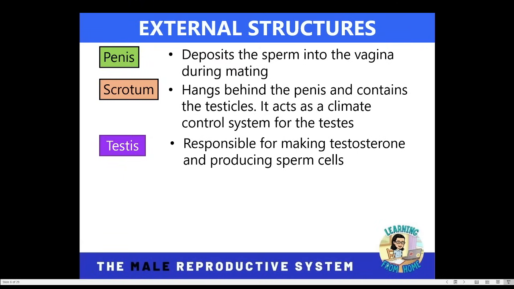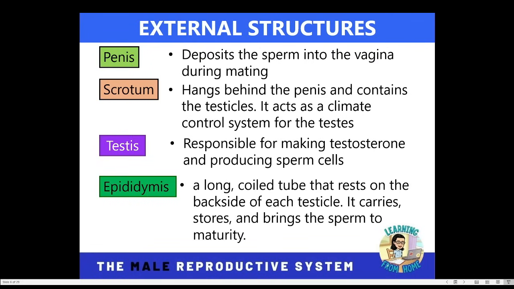Since this part of the male reproductive system produces the hormone testosterone, it is also a part of the other system which I have mentioned a while ago, and that is the endocrine system. It is in charge of producing sperm cells. We also have the epididymis, which is a long tube that rests on the back part of the testes, and its function is to carry, store, and bring the sperm to maturity.